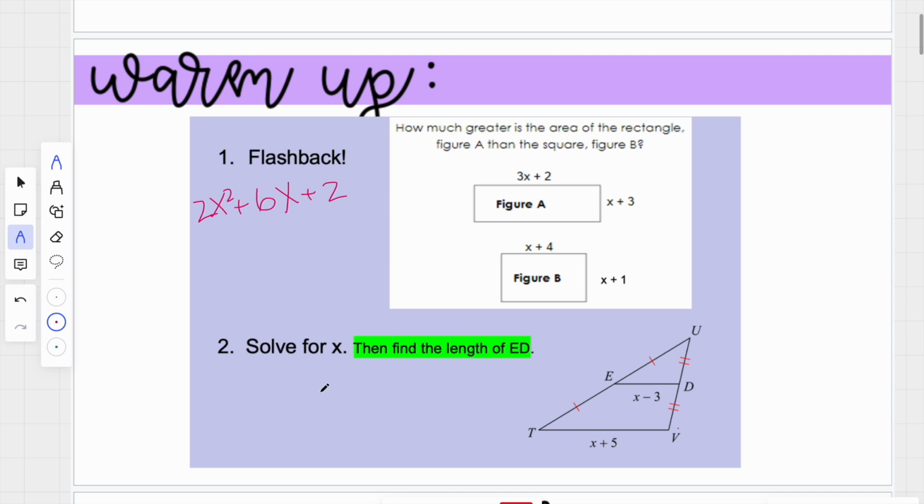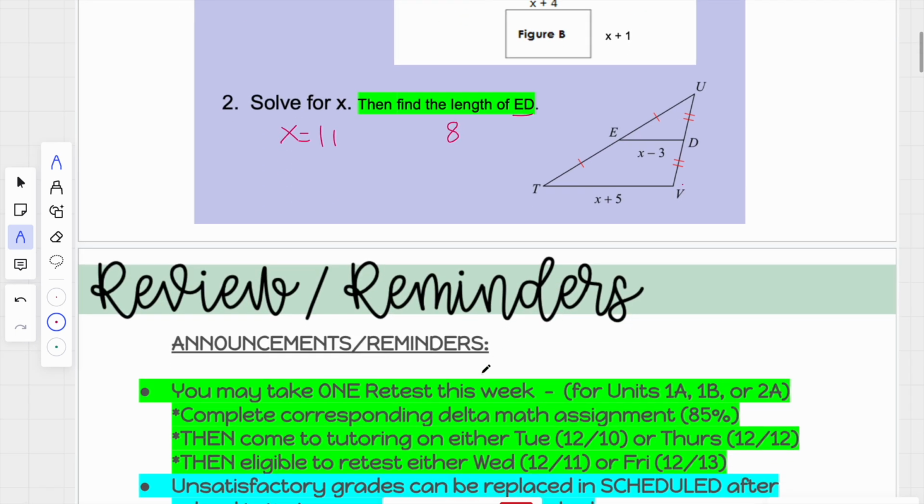So you could have taken 2 times x minus 3 and set that equal to x plus 5. That would have given you x is equal to 11 when you solved it. And then when you substitute that in to find the length of ED, you would have gotten 11 minus 3, which is 8. Perfect. All right, moving on.